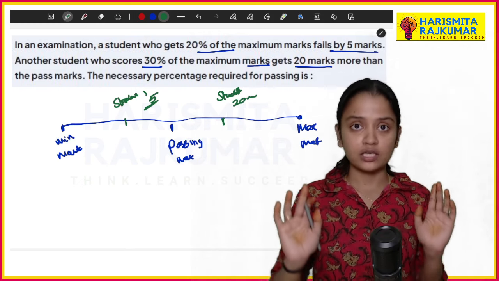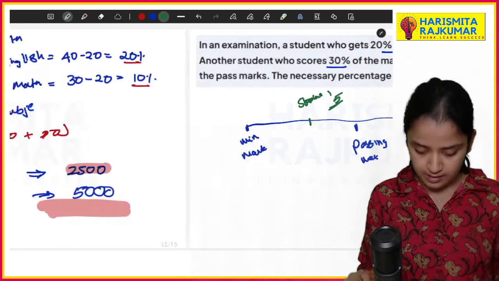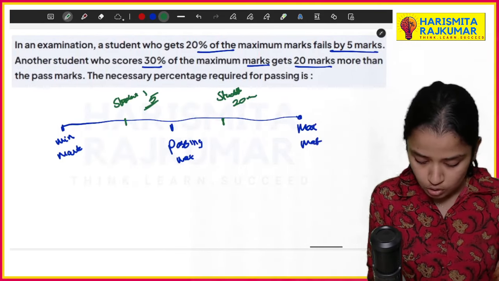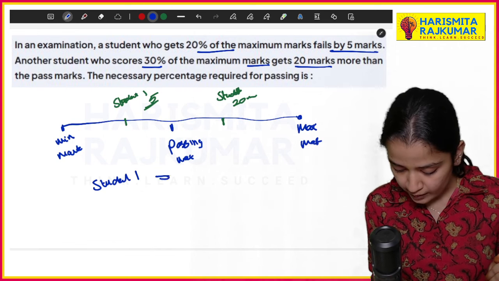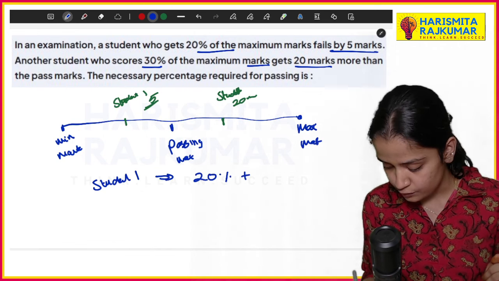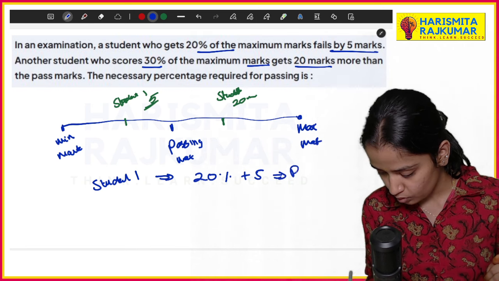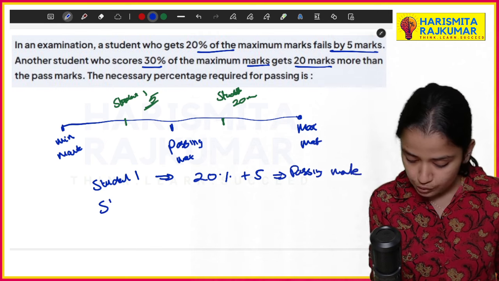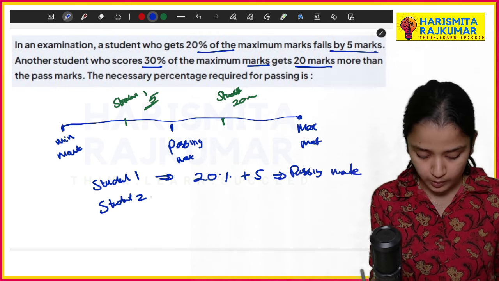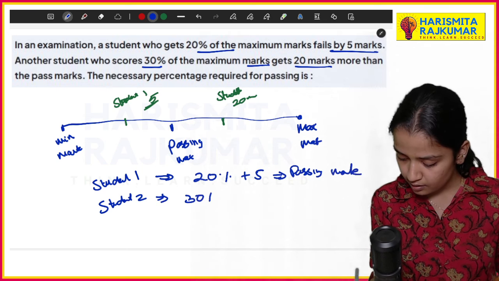Now see, for student 1, 20 percentage plus 5 marks gives you the passing mark. And for student 2, 30 percentage minus 20 gives you the passing mark.